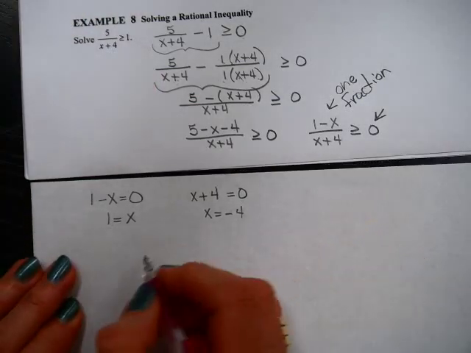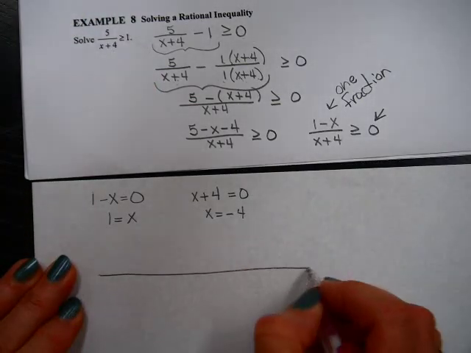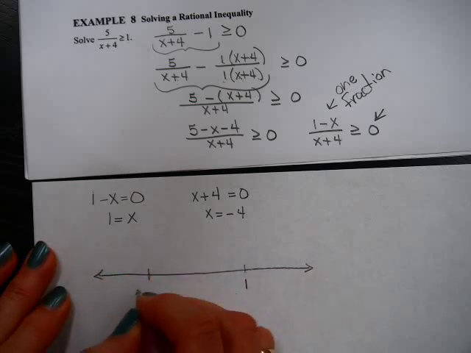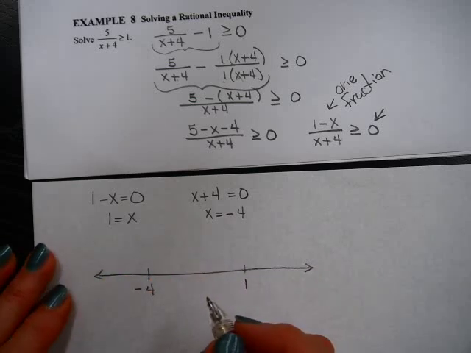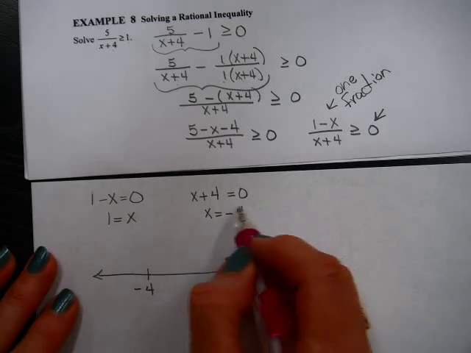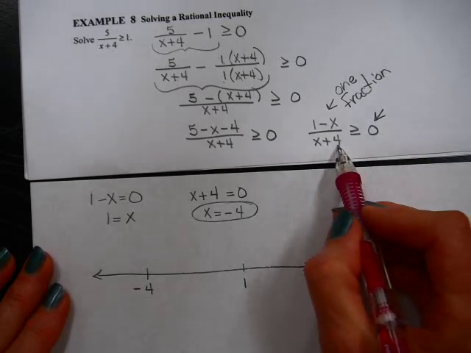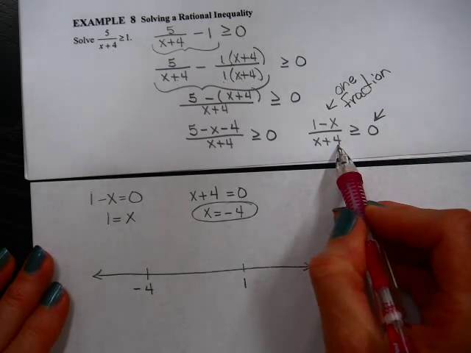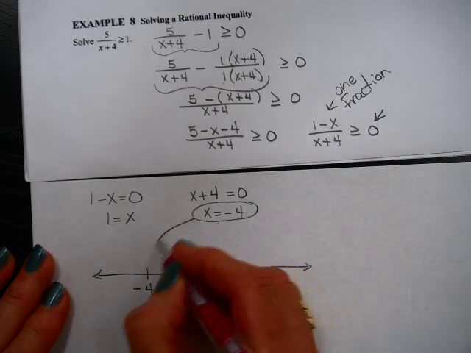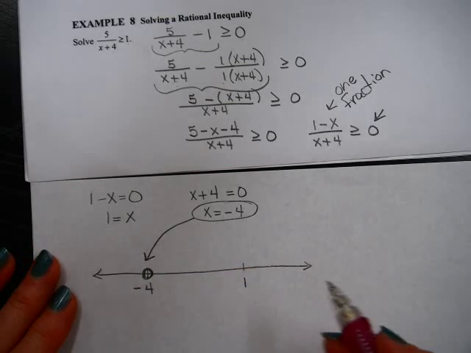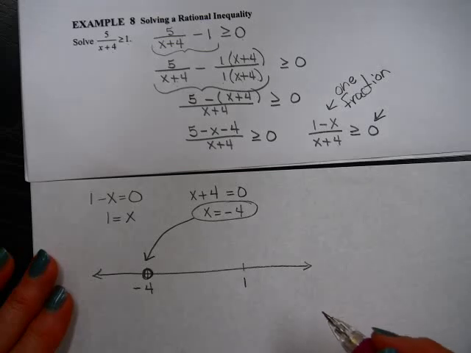So those are the two numbers that go on my number line. 1 is up here, -4 is down here. Now remember, this critical number came from my denominator. It can never be included in my solution set, so it is going to get an open circle put on it, so I'm going to remember that it will be a parenthesis.